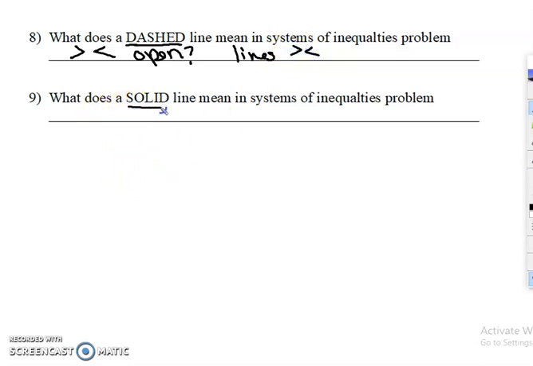A solid line means, in systems of inequalities, greater than or equal to, or less than or equal to, because it can include that. It's what we used as closed before. That's why it's important to always keep your background knowledge from things we've done in the past, because now we're building on that. If you don't remember that stuff from Unit 2, there's always review material.